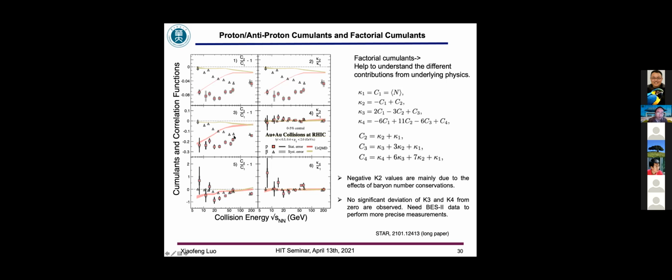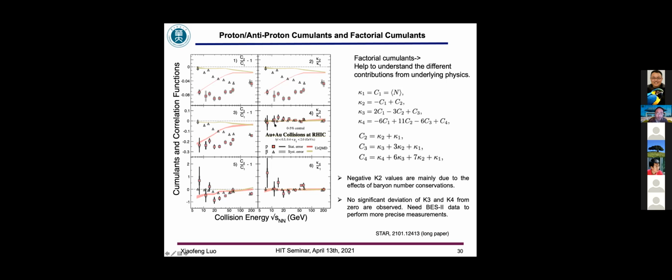And also the C3, the third order cumulant. This negative value is actually connected to a contribution from two-particle correlation. This large negative two-particle contribution will affect this third order cumulant. But for the three-particle correlation, it is around 0.